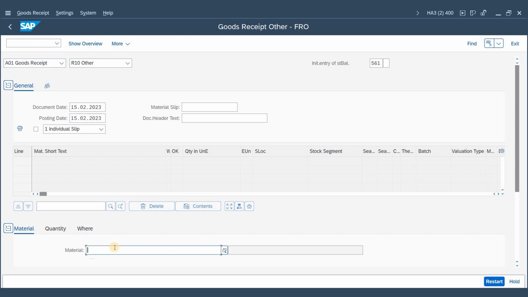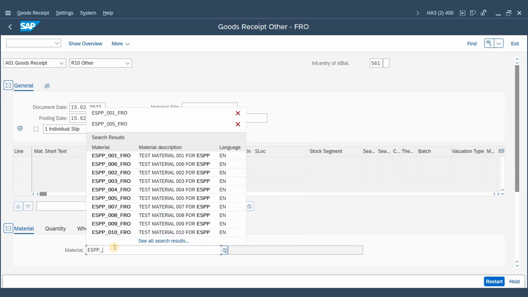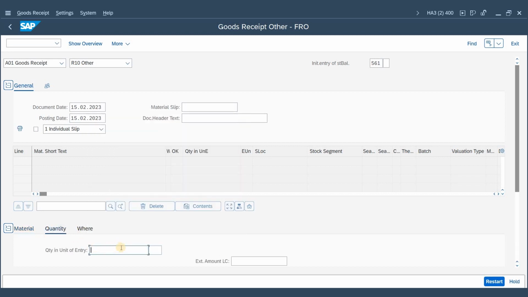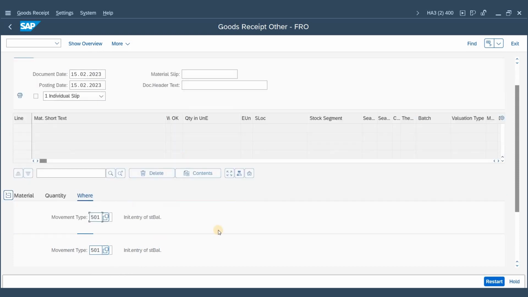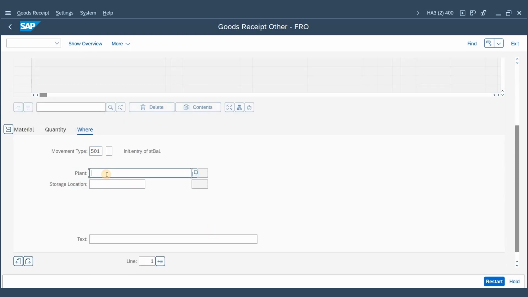And now we are booking a goods receipt for our test product of 1000 units. Movement type is 501 in location SPP1.